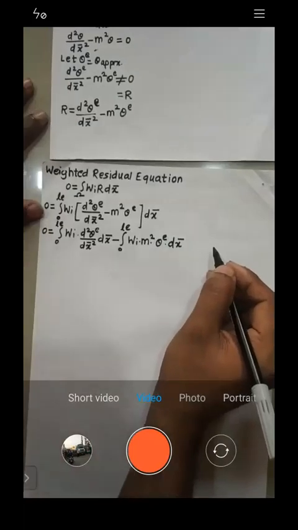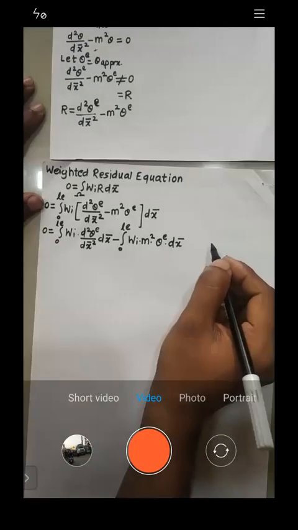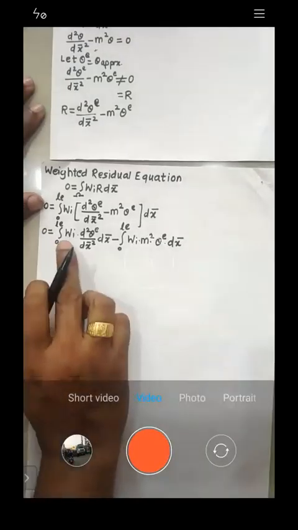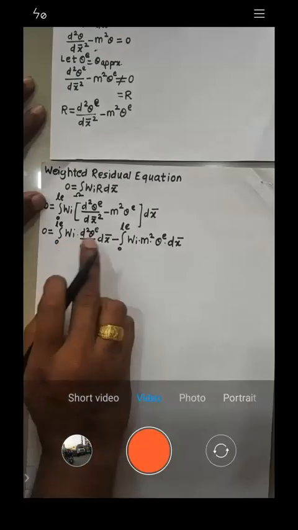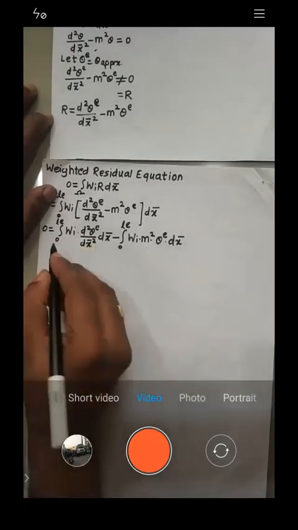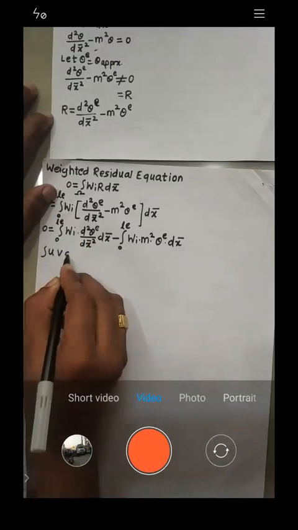Okay. Now see, you know this. For this particular term, we will apply the rule of integration of uv dx. Okay. So let me know what is the integration of uv dx. Tell me, what is the integration of uv dx?